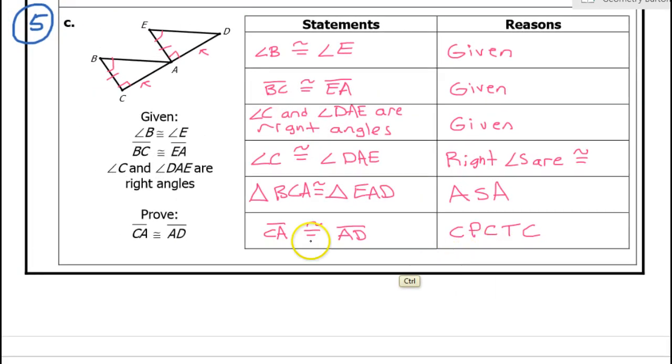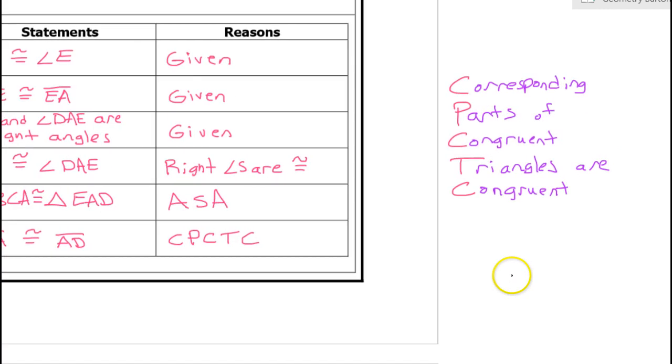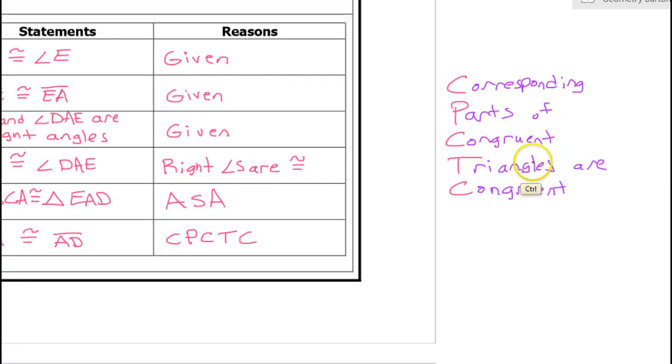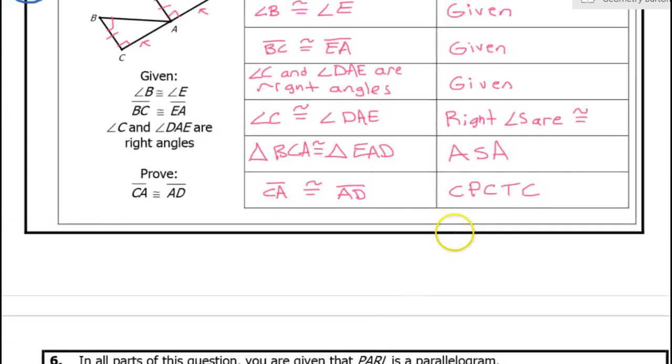Okay, so this happens a bunch. Once you have proven the triangles are congruent, if there's an extra congruent statement that you need to make, the reason will almost always be CPCTC. Corresponding parts of congruent triangles are congruent.